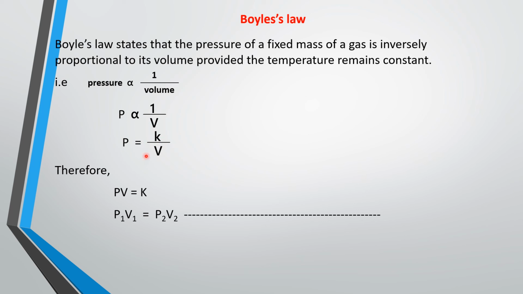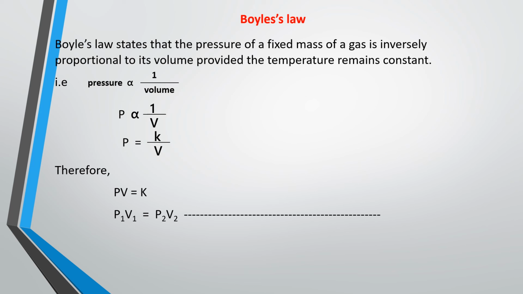I'm sure you are familiar with this particular definition, and mathematically stated, pressure is inversely proportional to volume, and then you have this constant of proportionality, right? So this can be converted into this equation. When you take the constant of proportionality, you are looking at a particular gas that is expanding from one volume to another, then you have the relationship P1 V1 for the initial pressure and volume of the gas, equals P2 V2 for the final pressure and final volume of the gas.